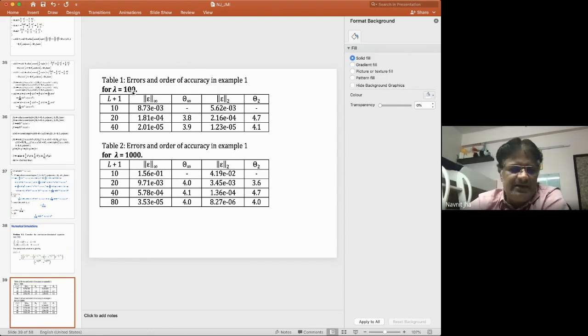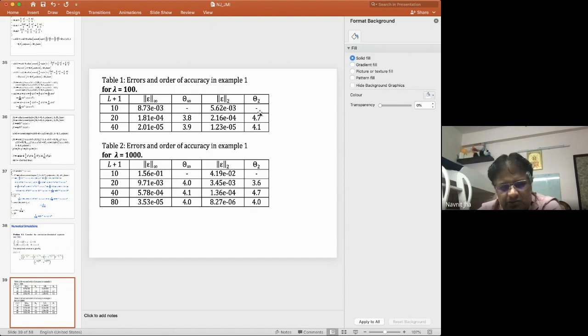So if you take lambda equal to 100, the L infinity error is coming out to be 10^-3, 10^-4, 10^-5 for 10, 20, 40 number of nodes. And the order is coming out to be 3.8, 3.9 for the L infinity error. Similarly, the L2 error is coming out to be 5.6 minus 3, 2.16 minus 4, 1.23 minus 5.